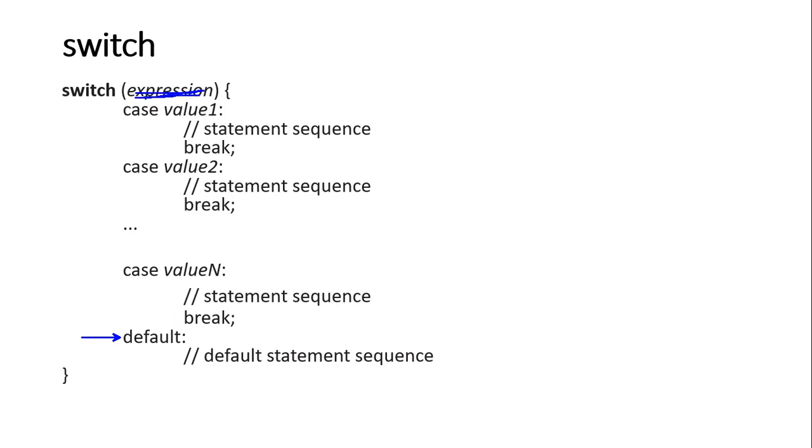If the value of the expression does not match with any of the cases that you have given here, then the default one will be executed. In other words, if none of these values match the valuation of the expression, then the default will be used. So default is used when there is no match here.